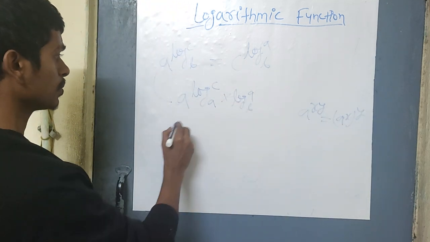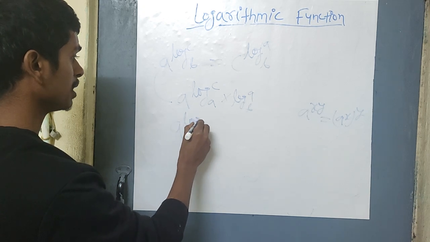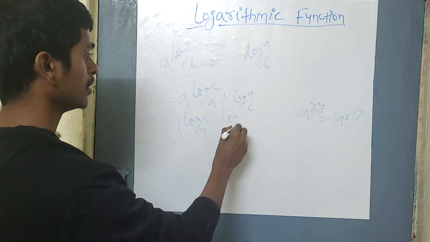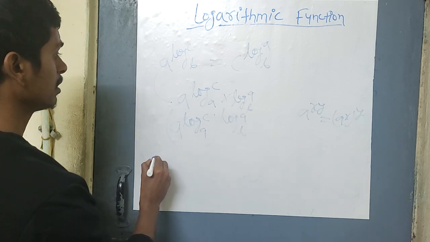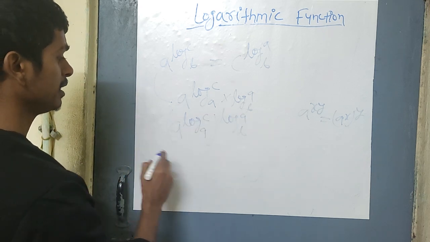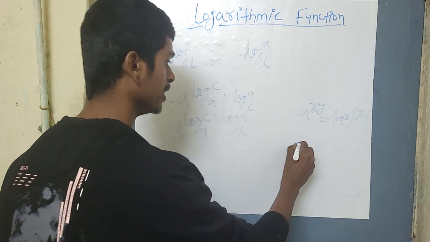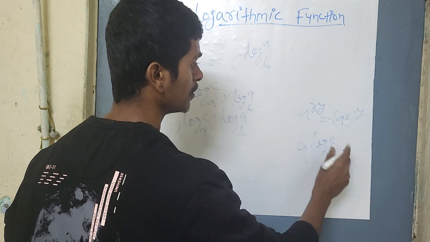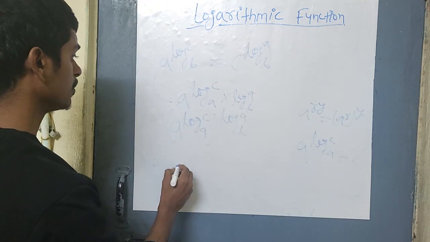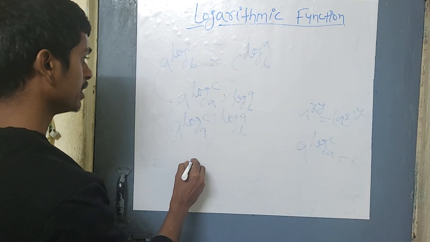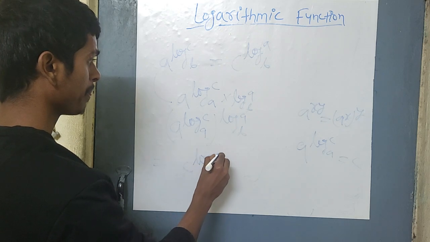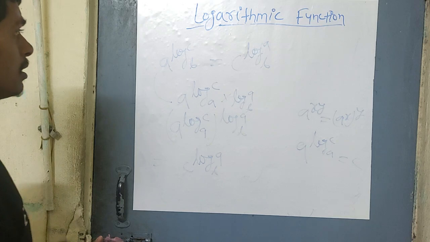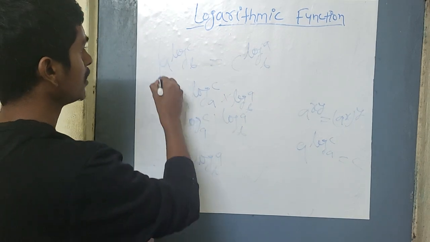Similarly here you can write a to the power log c with base a, whole to the power log a with base b. The value of this will be c. This is also a property: a to the power log c with base a is equal to c. So from here you can write c to the power log a with base b. This is your RHS. So it is very important.